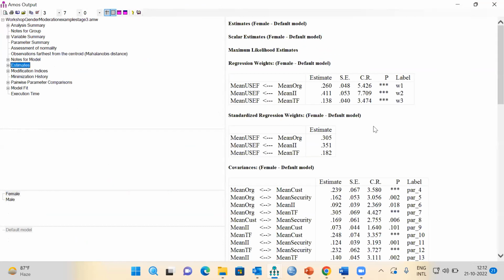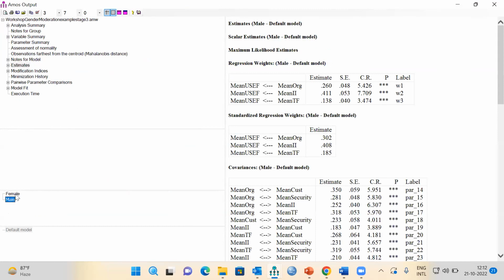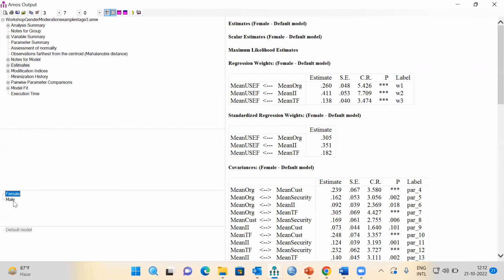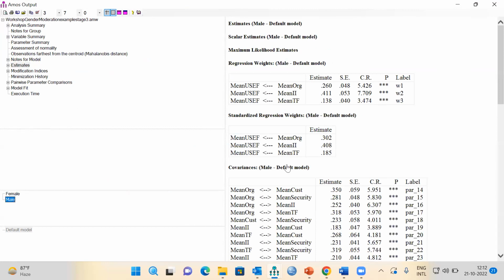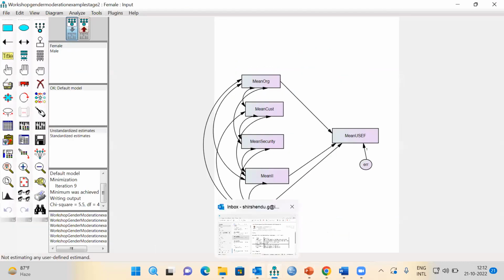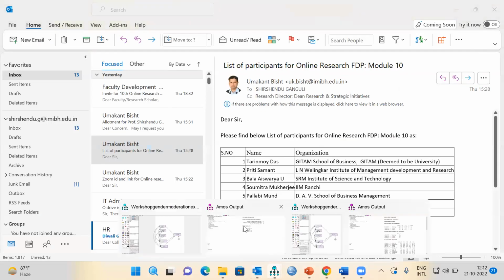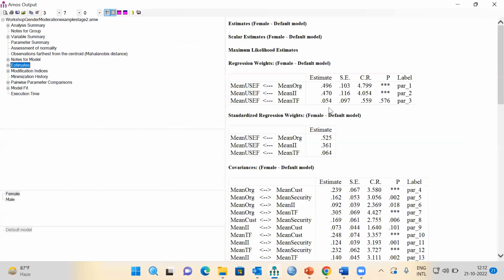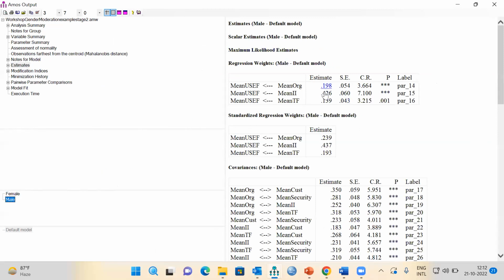Okay. So once you have a constrained model, what is the thing? You can see the estimates for the original model when you are looking at the outputs for the original model. These estimates were different when you look at the female group, these regression coefficient estimates, and the male group.